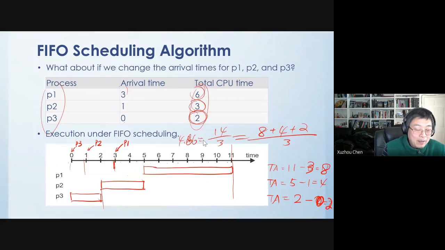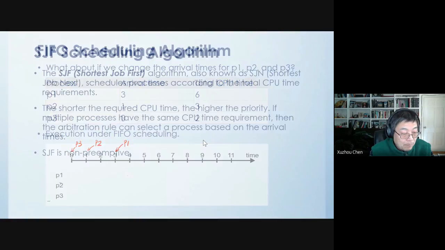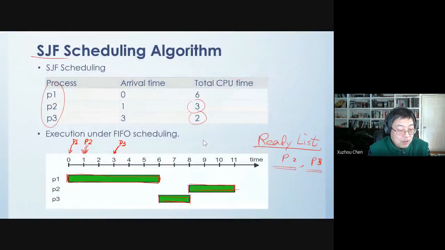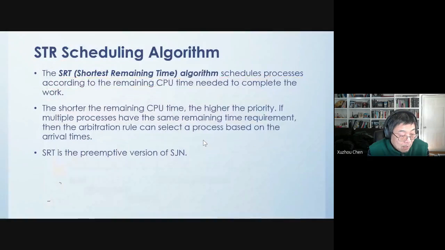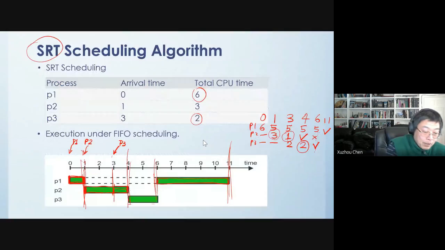So that's why, on average, people feel better in this case, because the shorter ones finish their jobs first. Now you can just calculate the turnaround time in each case. For this one, P1 is here and finishes at 11.